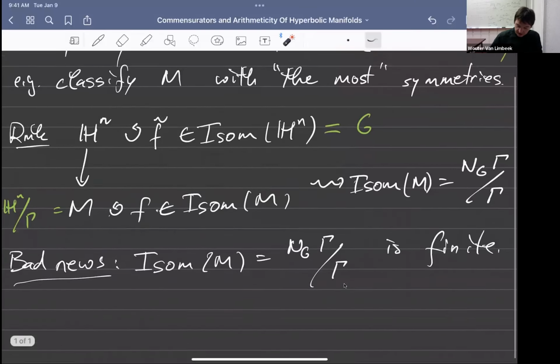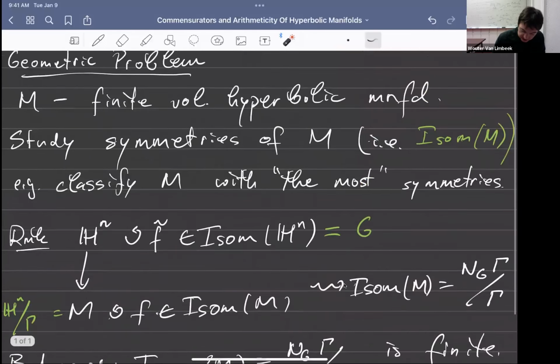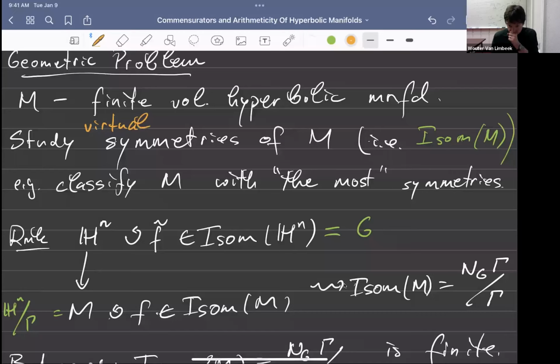I would instead like to change this geometric problem here, and instead of studying symmetries, I would like to study virtual symmetries, by which I mean not isometries of M itself. Actually, I'll leave this up, but just cross it out.